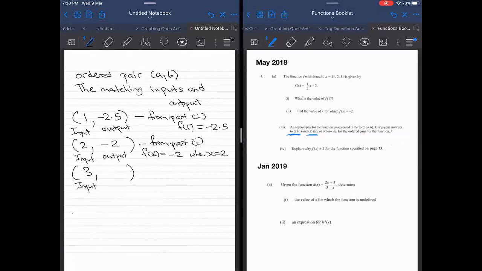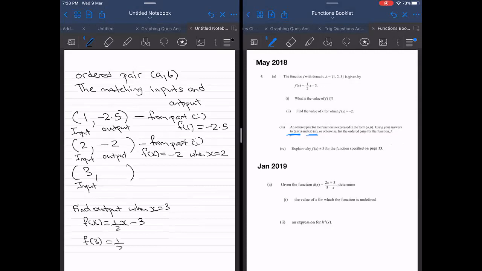So what we need to do is find the output when x equals 3. So we're trying to find f of 3, which would be a half times 3. Let me write it down, don't take it for granted. So what's missing is the output when x equals 3. f of x is equal to a half x minus 3.